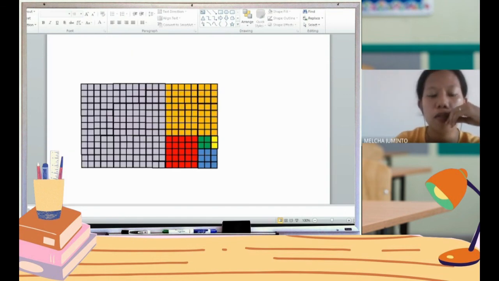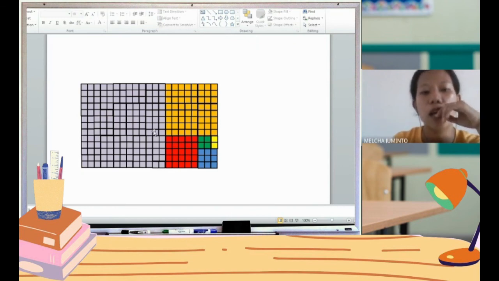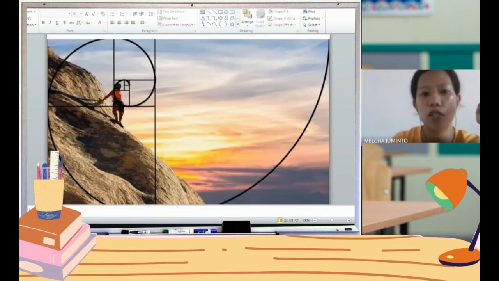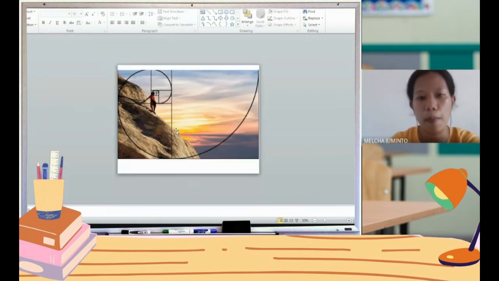What is the purpose of that golden rectangle? If you have time, you can search that on the internet and you will see some applications like this in photography. In photography, the rule of the golden rectangle is followed to ensure that pictures are pleasing to the eyes.